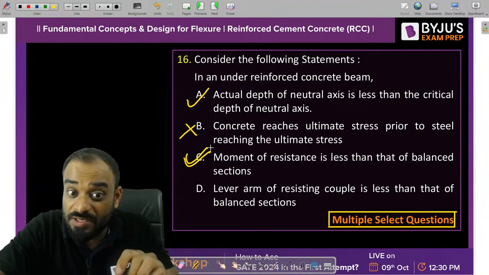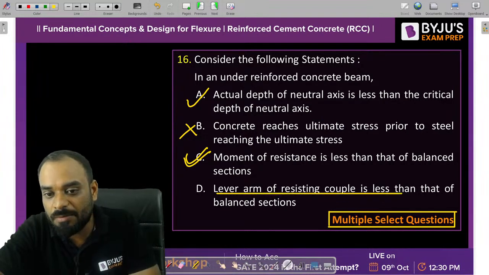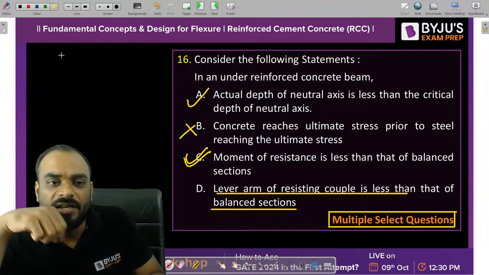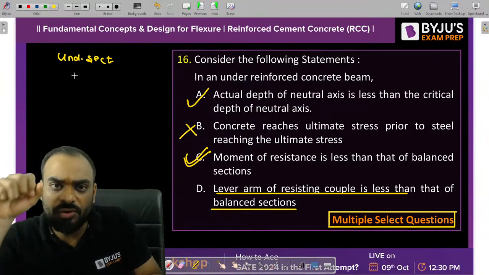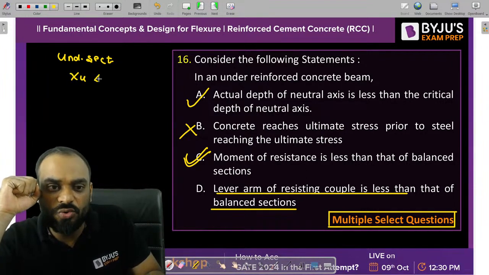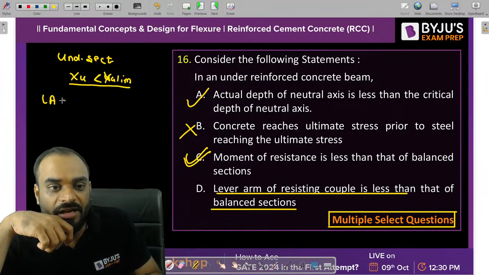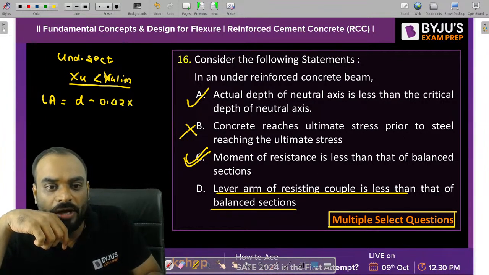Now the question is, what is the value of lever arm? Lever arm of the resisting couple is less than that of the balanced section. Now let's understand what it is exactly. In case of under reinforced section, the value of XU is less than XU limiting. If I calculate the value of lever arm, it is written as d minus 0.42 XU.